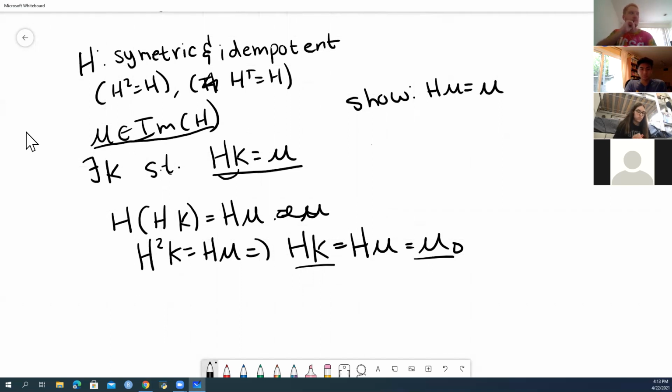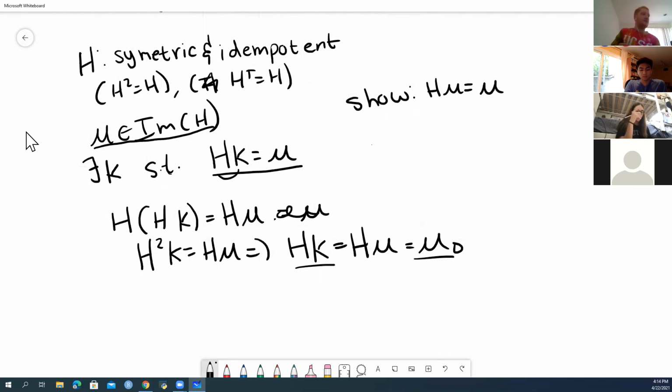And we can think of it like projecting the vector mu, or the vector K, onto some plane. Sort of. Okay, so the theoretical idea behind this would be that H is a projection matrix.